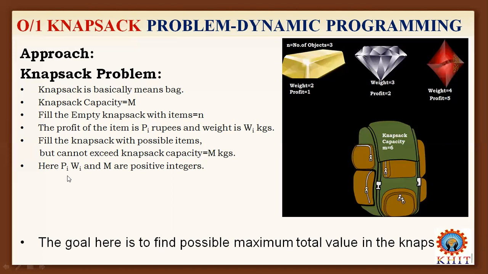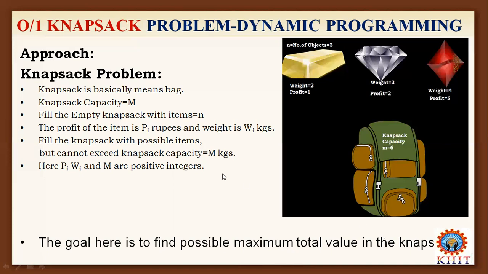And the profits, weights, and the knapsack capacity should be positive integers, not negative integers. So the goal of the knapsack problem is to find the way in which you can maximize the total profit.